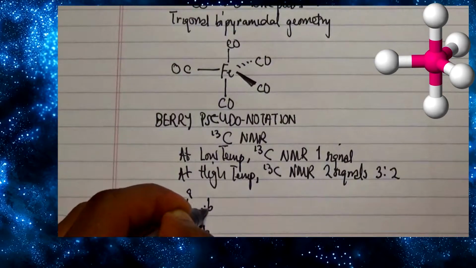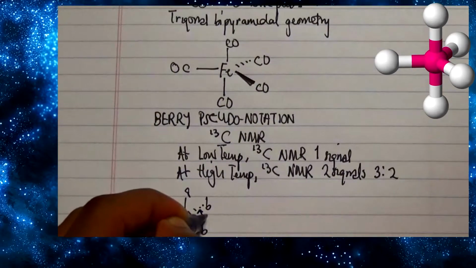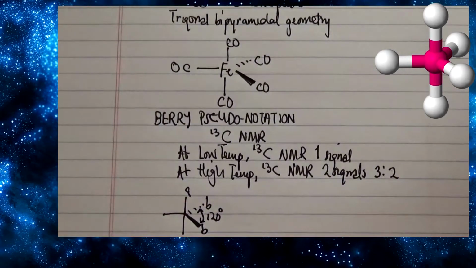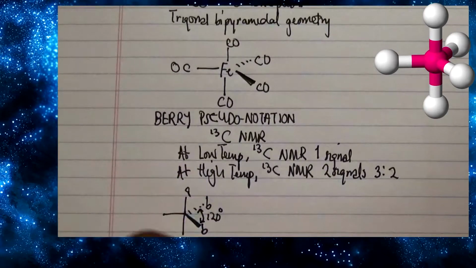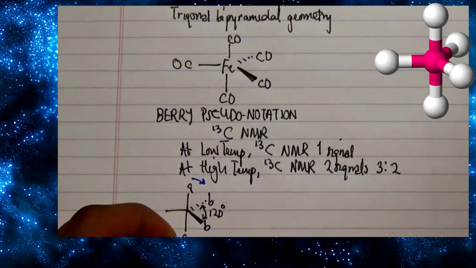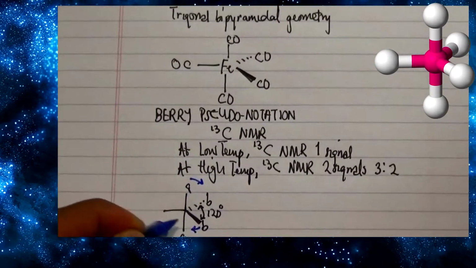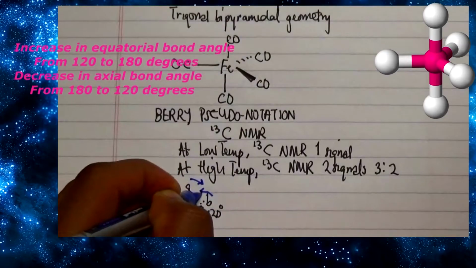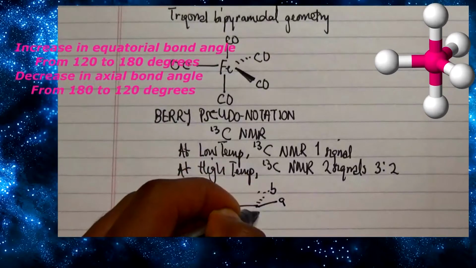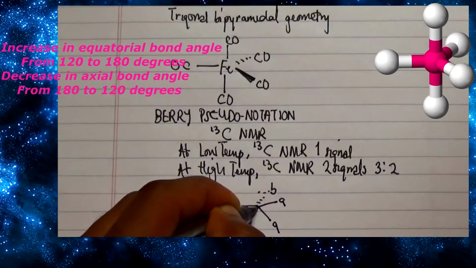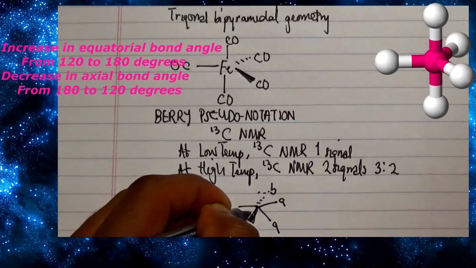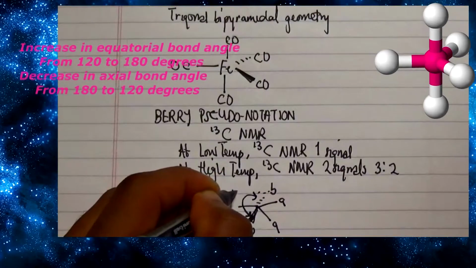What we notice is that the equatorial positions have a 120-degree angle between them, and once this bond is bending inward over here, this bond for the equatorial is bending outward, and our B bond increases in angle, approaching 180 degrees, from here to here.